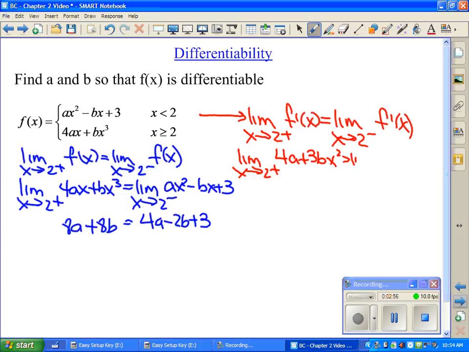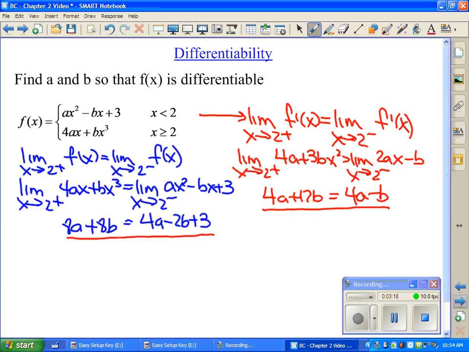And for the limit as x approaches 2 from the left, we're going to use the top function, whose derivative is 2ax minus b. So again, substituting x equals 2, I end up with the equation 4a plus 12b on one side, and on the other side I get 4a minus b. So these are the two equations that I would use to solve to make sure the function is differentiable. Notice the a's cancel out, so our final answer will be b equals 0. And if b equals 0, then I believe that a ends up equaling 3/4.